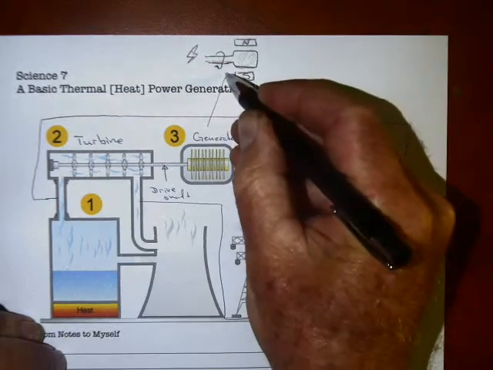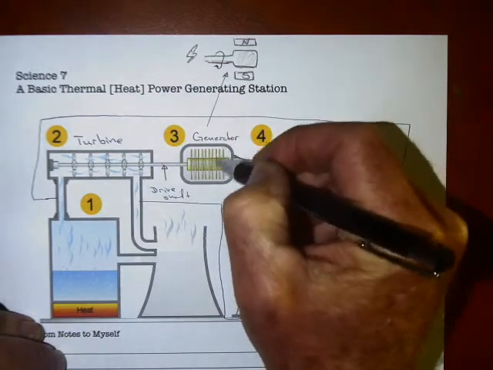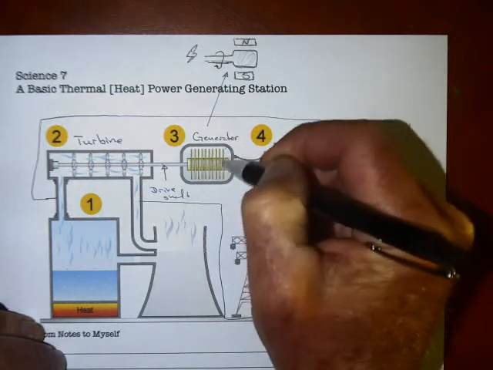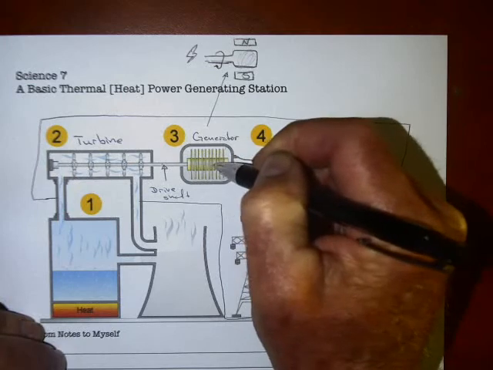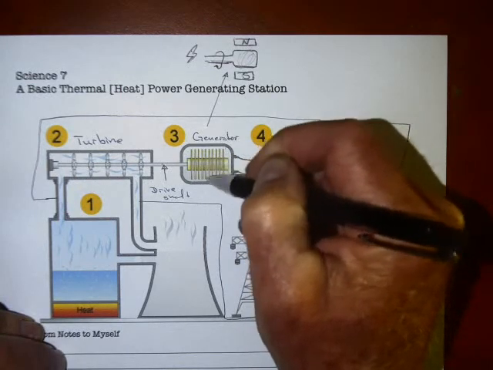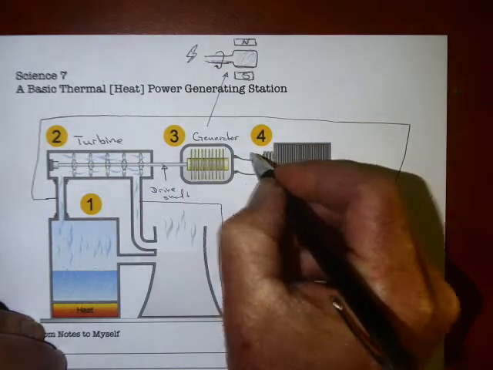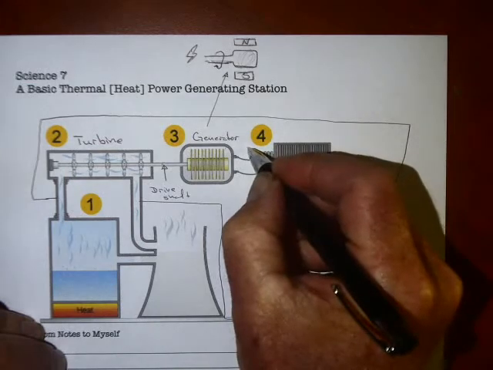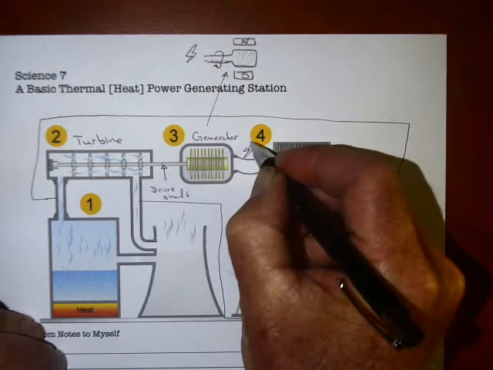That's the part where we have a magnet, a permanent magnet, and inside we have these coils that spin. And it's that spinning that causes electrons to flow. So what we come out here, we have electrons flowing, or power. So electricity is coming out here.